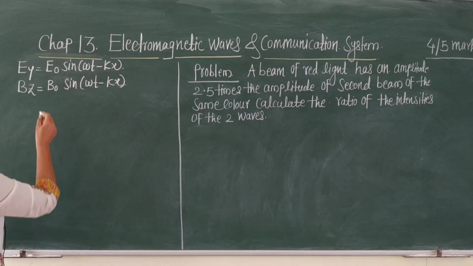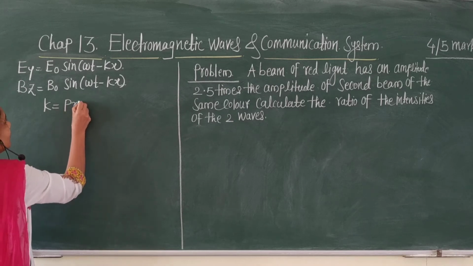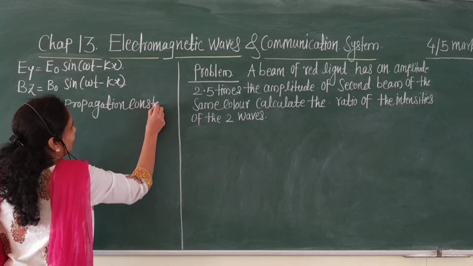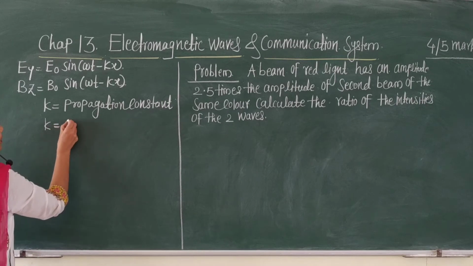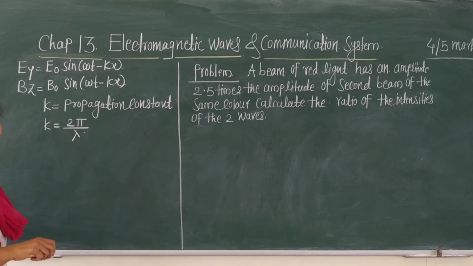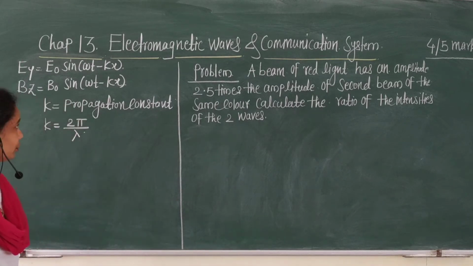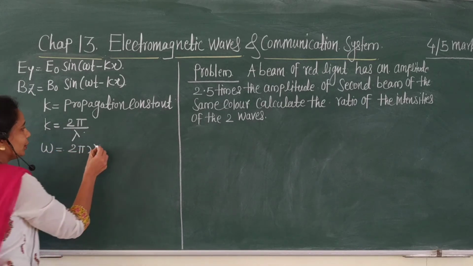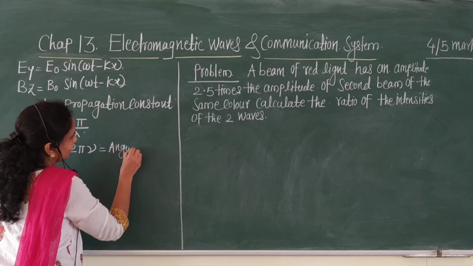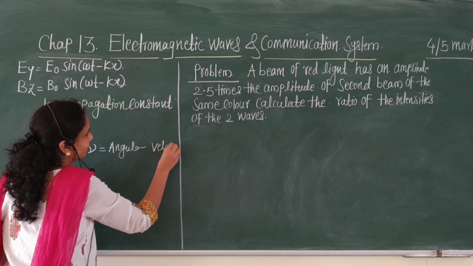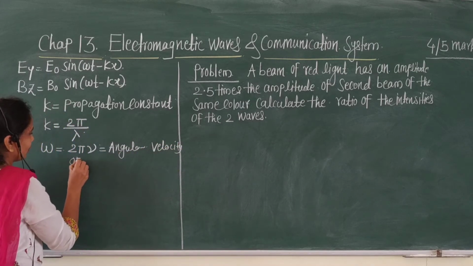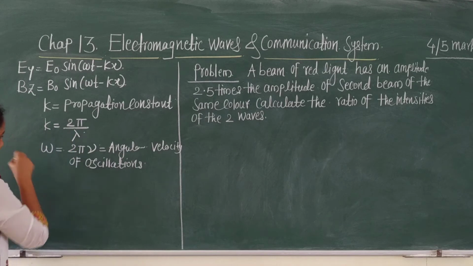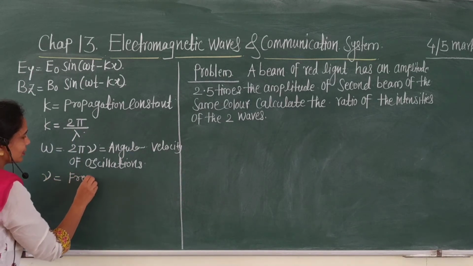This k is the propagation constant, and its value is k equals 2 pi upon lambda, where lambda is the wavelength of the wave. Now omega equals 2 pi nu, which is the angular velocity of oscillation, and nu is the frequency of the wave.